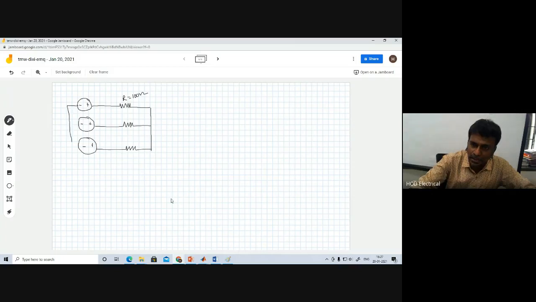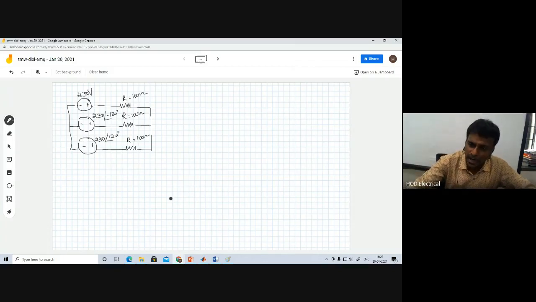So this is star connected. Then here also the resistance is 100 ohm and the resistance is 100 ohm. The RMS value of this supply is 230 volt. So this is 230, then 230 at an angle of minus 120 degree, then 230 at an angle of 120 degree.